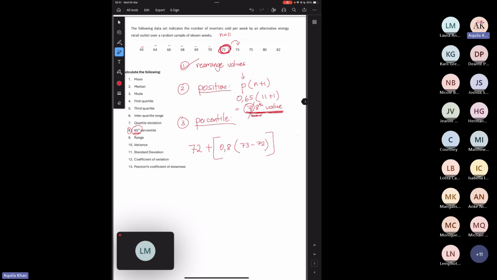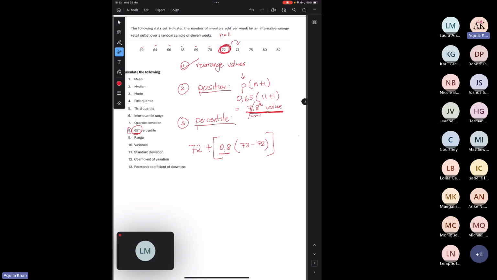So remember, 7 in the position means take the 7th value from the data set. Then it says add on to this and open up a square bracket. Take the decimal part of your position. And again, remember the decimal part of your position was 0.8.